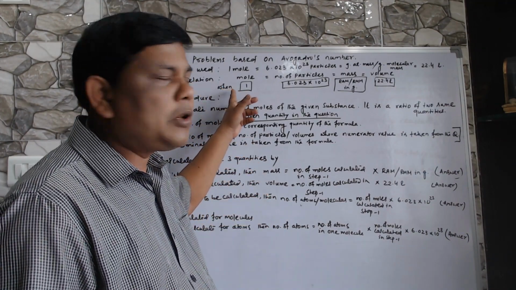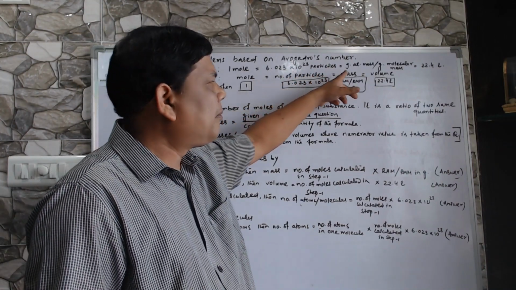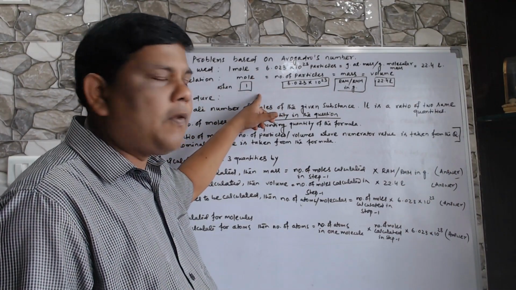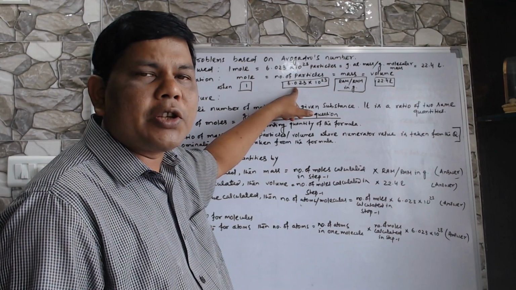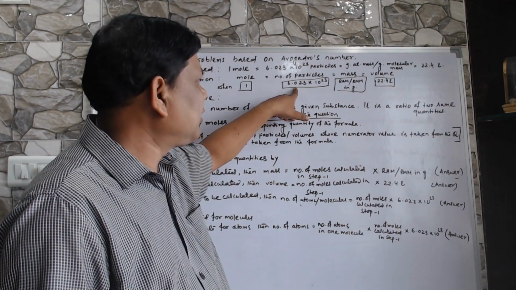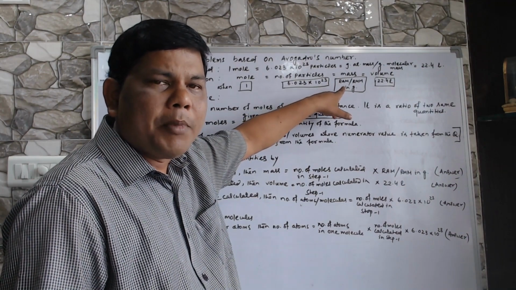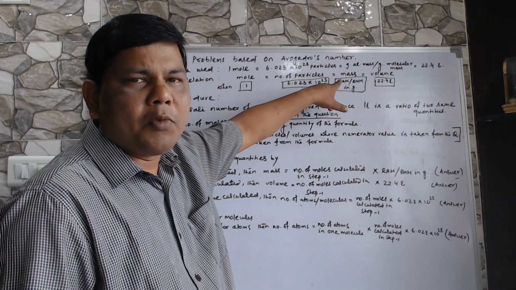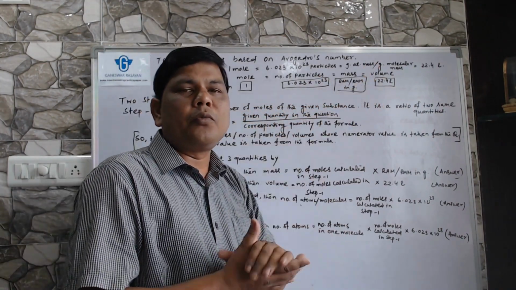It's a relationship between mole, number of particles, mass and volume, where if you take 1 mole, then it says about 6.023 into 10 to the power 23 particles. It is equal to RAM or RMM. RAM means relative atomic mass, RMM means relative molecular mass, taken in gram, which is equal to 22.4 liters.